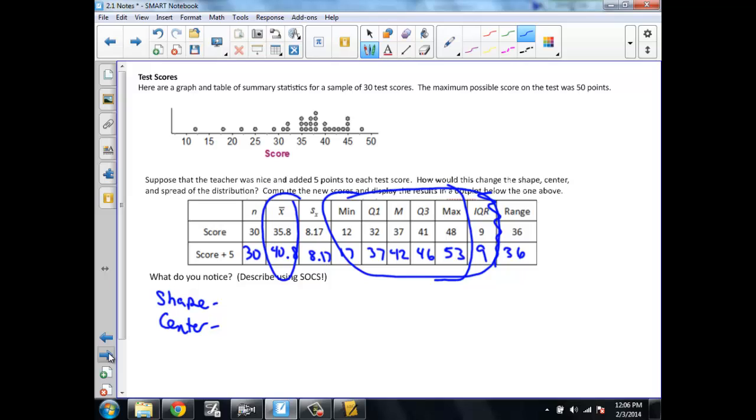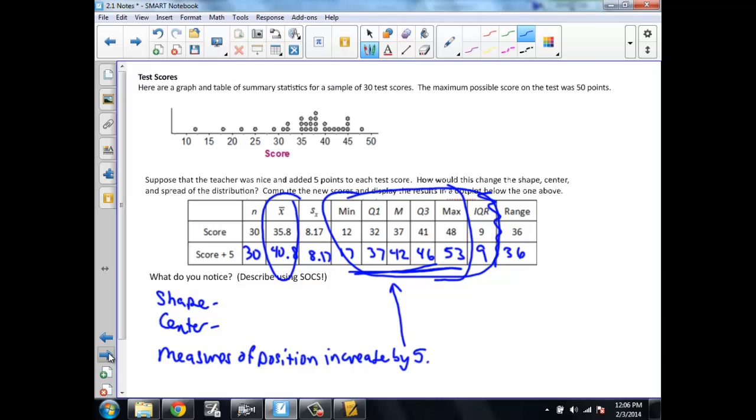You could tell me about outliers, but what else changes? You could say the measures of position increase by 5. Because these right here would be referred to as your measures of position: your min, your Q1, median, Q3, your max. Those measures of position increase by 5.